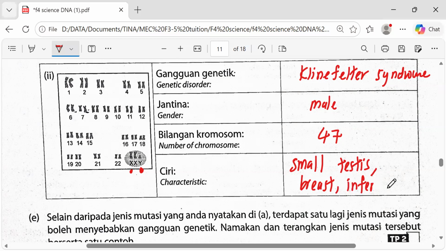Infertile means cannot make babies. Okay, so this is called Klinefelter syndrome. Which one is the most common?